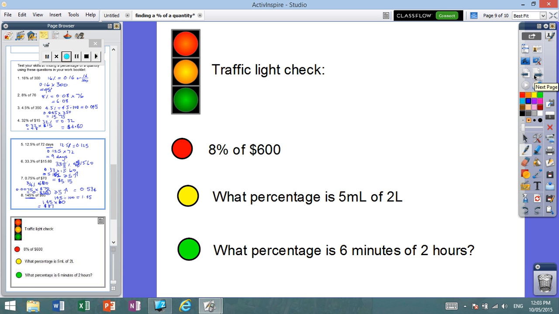So here's our traffic light checks, similar to the cards that we have on our desks in class. Red light means it's the core stuff, so you're able to do the core business of what we need to know about this lesson. The orange is just that little bit harder, above core.